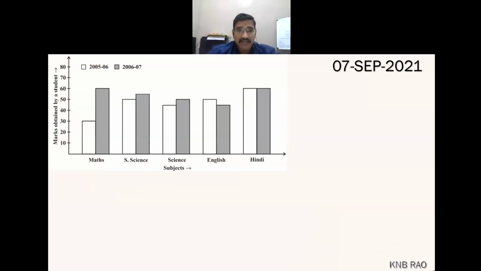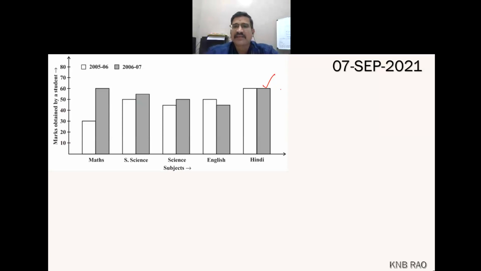Then moving on to the double bar graph. What is a double bar graph? This is a double bar graph. What is happening here? You are comparing the marks obtained by a student, let's say in 8th and in his 7th, in mathematics, science, social science, English, Hindi. What do you observe? Here, I can say that the student is performing the same in Hindi, no improvement and no decrease.